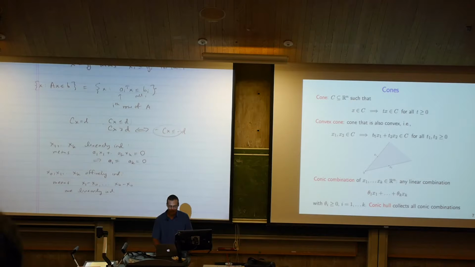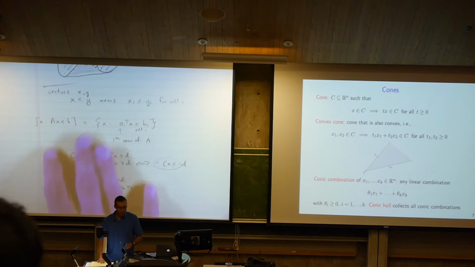Here's what that looks like pictorially. If I have points x1 and x2, this is all linear combinations of x1 and x2 with non-negative weights, that gray area extending out this way. So that's a cone containing x1 and x2.